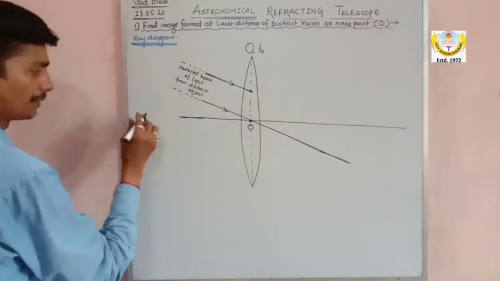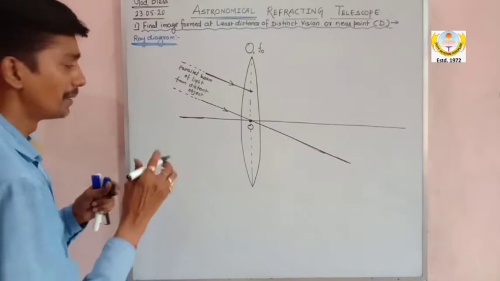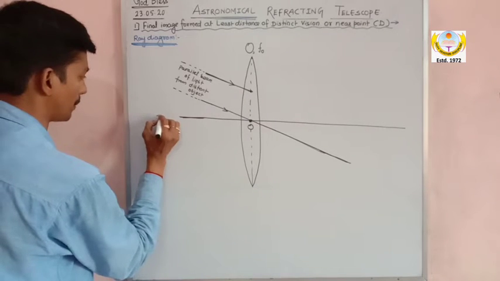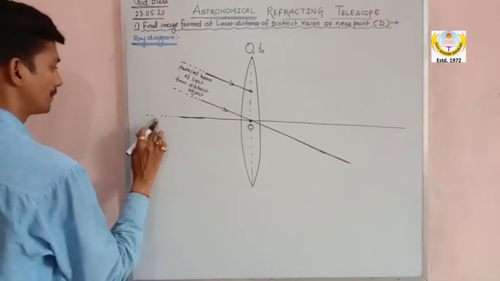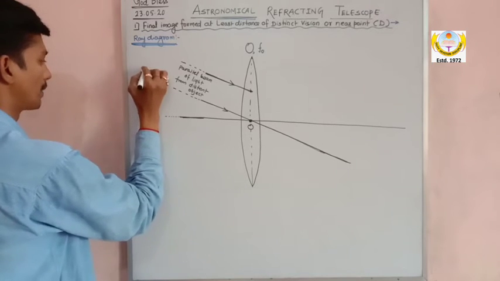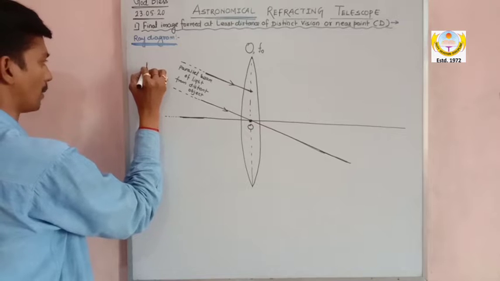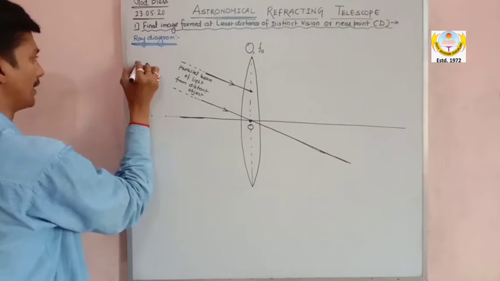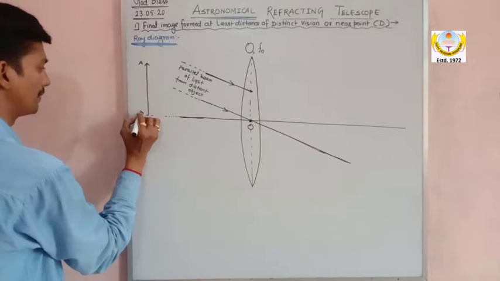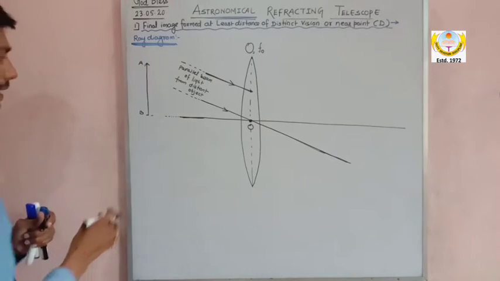My dear, there is no need to draw the objective here. But if you wish, you can draw the objective by putting a dot, leaving a gap, and here you can draw the objective. But remember, the objective need not be drawn because here the object is actually at infinity. So here I can write AB.